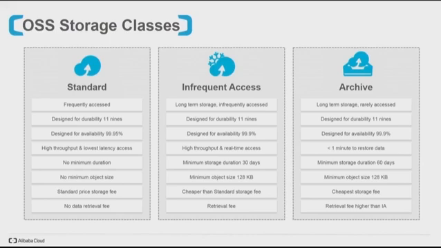Again, you have to choose your storage class wisely, based on your actual use case. As I said, there is a retrieval fee attached to the infrequent access and archive storage classes, but there is no retrieval fee for the standard storage class. The reason for that retrieval fee is that they are not meant for retrieving frequently.